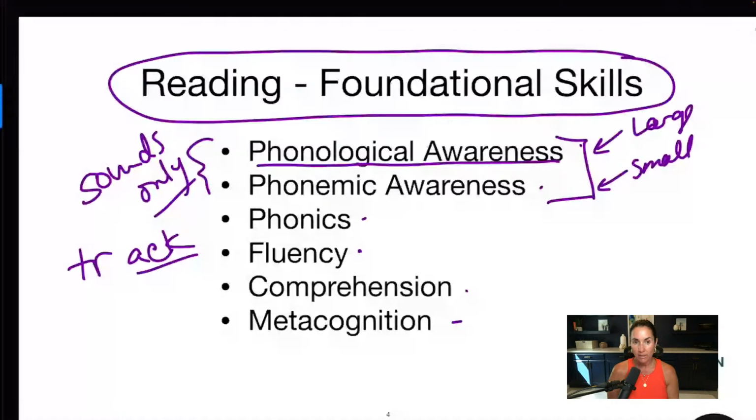So if I said to my class, break up the word track by onset and rime, they would say tr-ack. Tr is the onset, and ack is the rime, spelled R-I-M-E. So those are bigger chunks of words, right? Syllables, onset and rime. We might do compound words. They're large. That's phonological awareness.